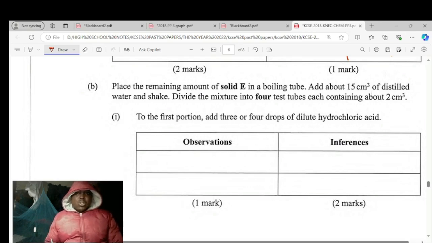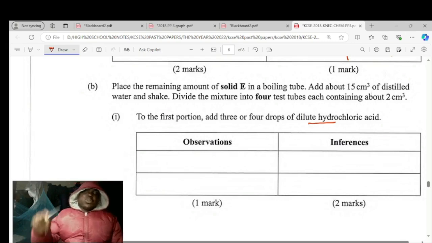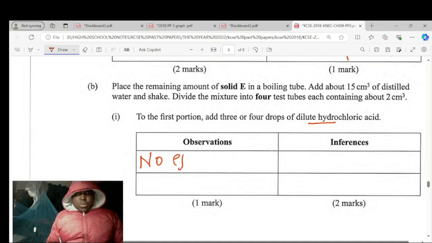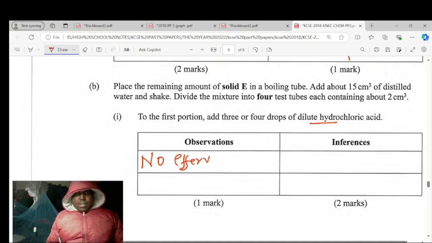And because you are adding HCl, the first thing we expect is effervescence. Whenever you are adding an acid to something, we expect effervescence. So the first thing is that we expect effervescence, but there was no effervescence. So you check whether effervescence occurs.